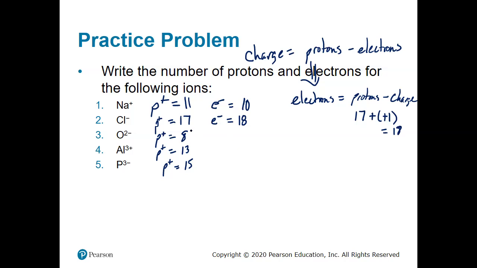For oxide here, I'm going to have 2 more electrons. So if I add that 2 to the 8, I would get 10. For aluminum, I have 3 more protons, so 13 minus 3 would give me 10 also. For phosphorus, I'm going to have 3 more electrons. 15 plus 3 would give me 18.